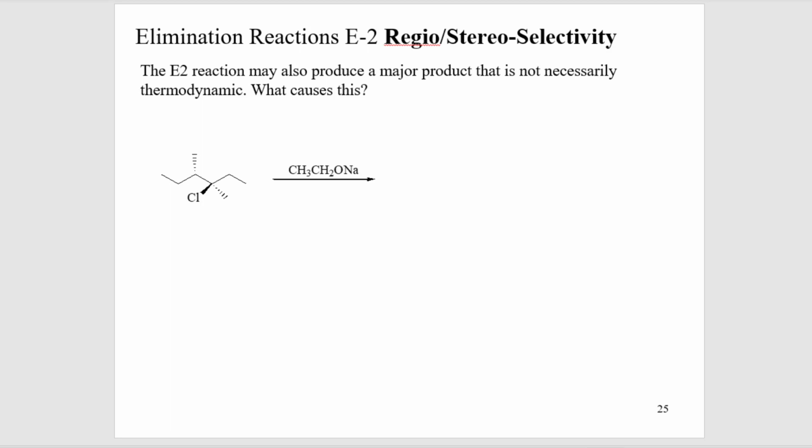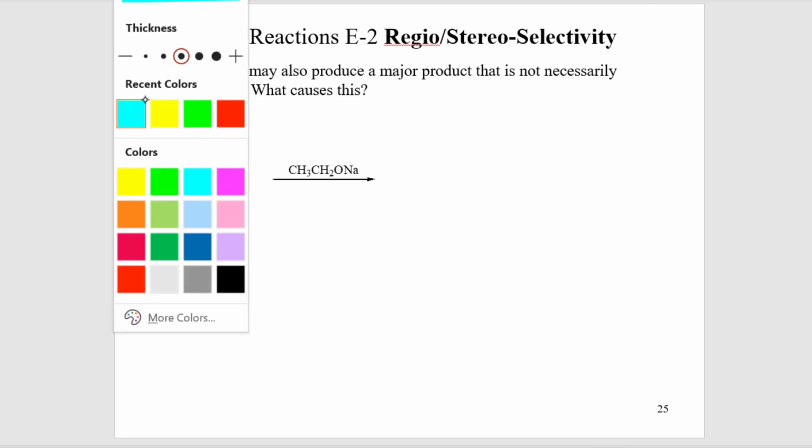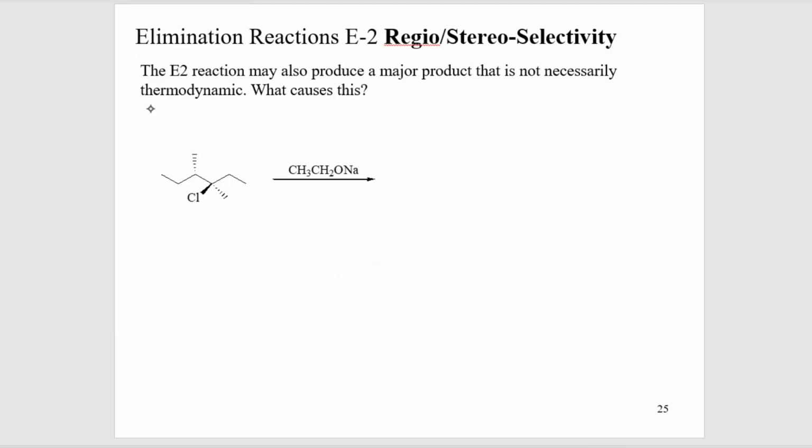Okay, here's an example. The E2 reaction may also produce a major product that might be surprising. All right, let's do this step by step with one another. Okay, we've got this leaving group, the chlorine. I'm going to tell you we're going to do an E2. Okay, so I'm going to make this easy on you.